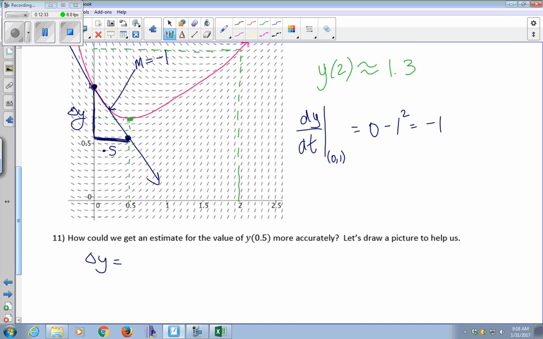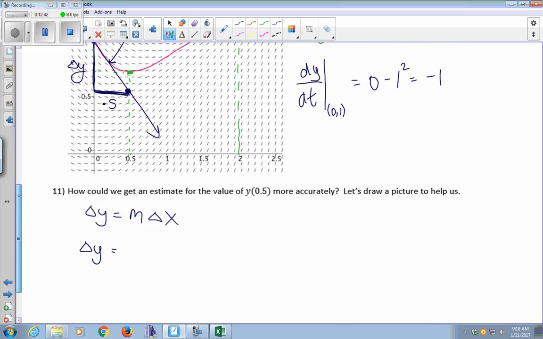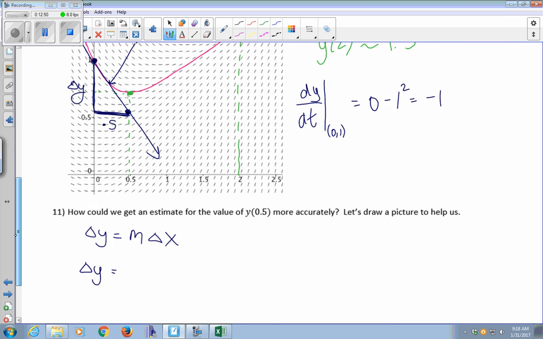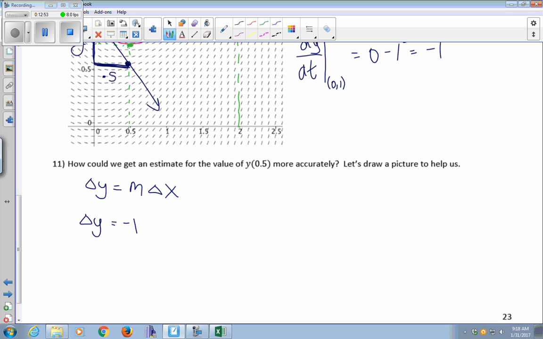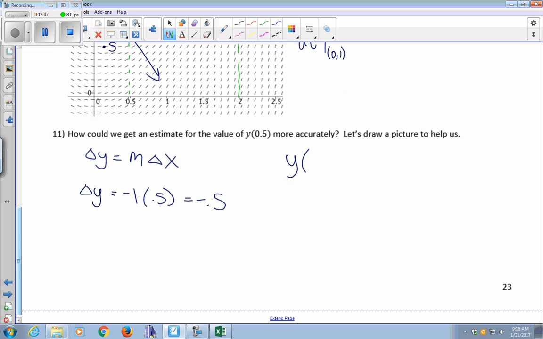So delta y is my slope times delta x. I used the formula for the slope and plugged in the point of tangency. Okay, my slope is negative 1. My delta x is 0.5, so I get negative 0.5. That's my change in y. That's this distance here. So if I started at 1, so I know that y of 0 is 1, y of 0.5 would have to be what?